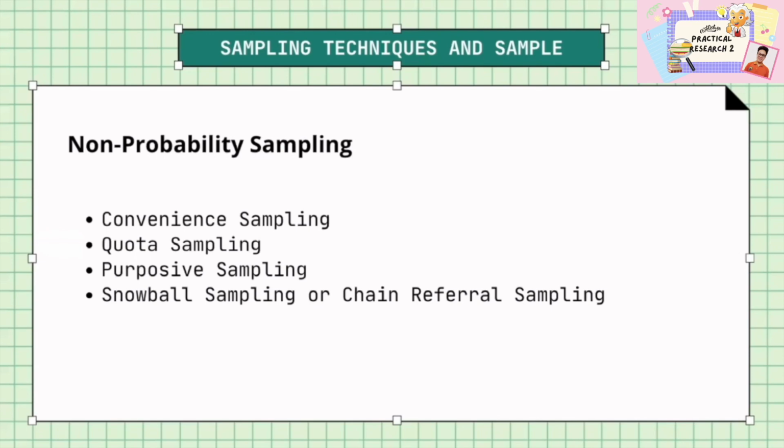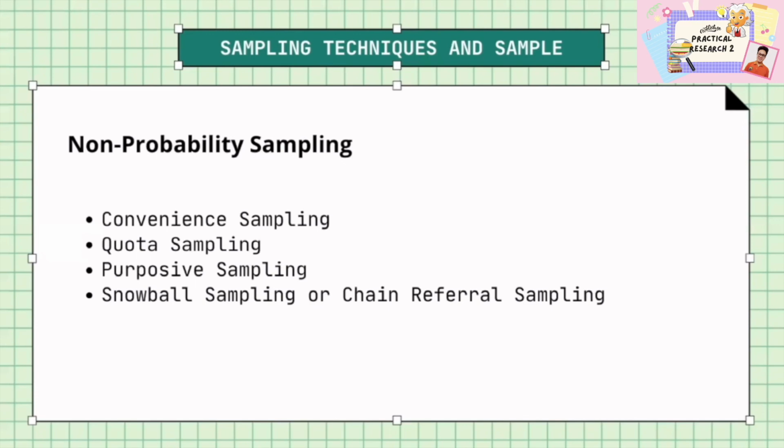Or if you make a mistake in doing the procedure of having your sampling techniques or looking for your respondents or the elements of your research, then there will be a problem, because we have the so-called standard and substandard in sampling techniques.